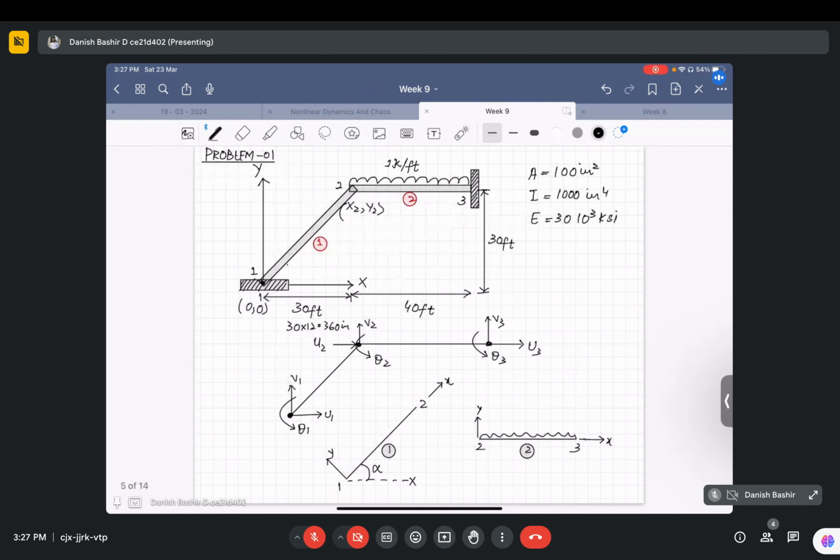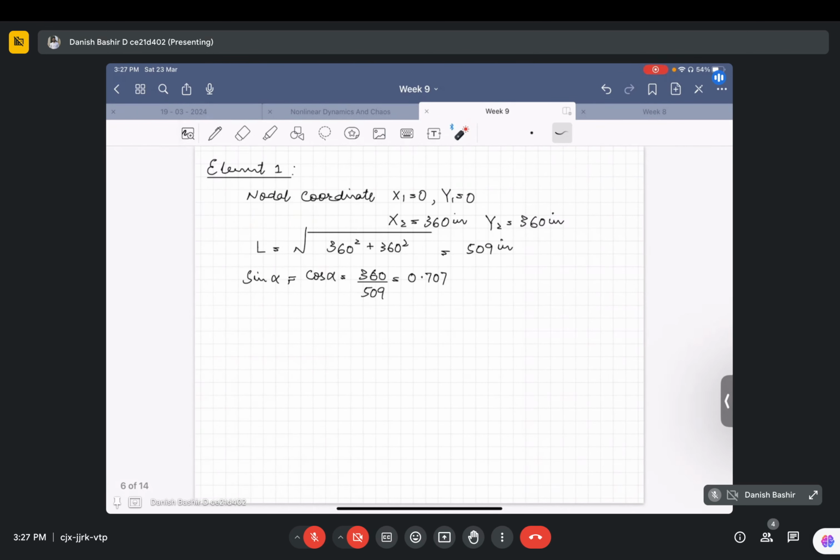So this is alpha here. Sine alpha, 360 divided by 509, and cos alpha is again 360 divided by 509. So sine alpha is equal to cos alpha is equal to 0.707. And one more thing, q is equal to 0, no distributed load on this element.